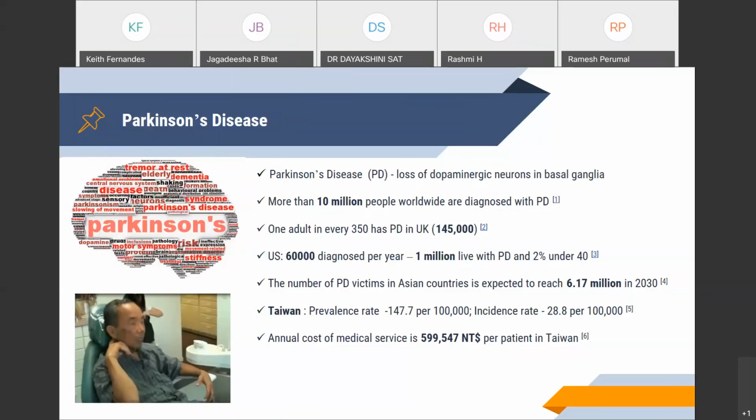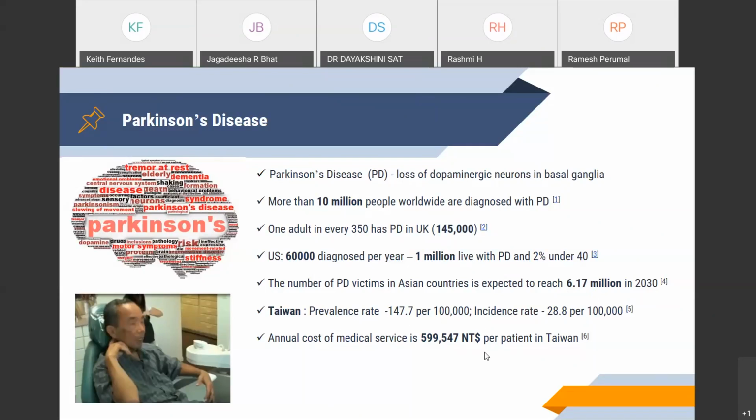But Parkinson's is not a seasonal disease. This disease has been in existence since 1817, so you could understand how many people have been affected in the last 2 centuries. The number of victims in Asian countries is projected to be 6.17 million, and you could see the prevalence rate here.